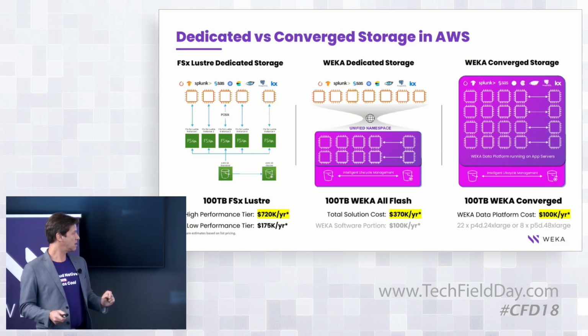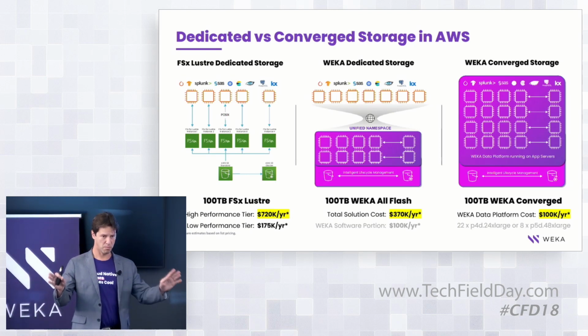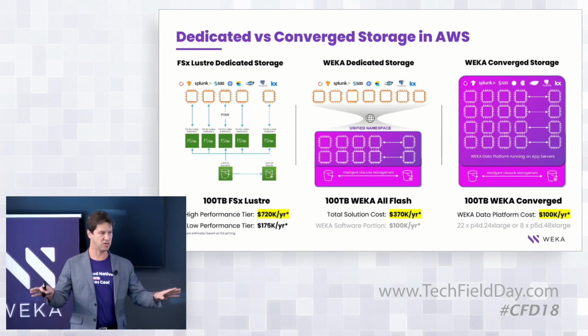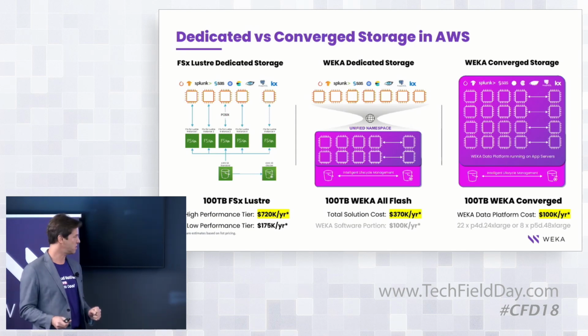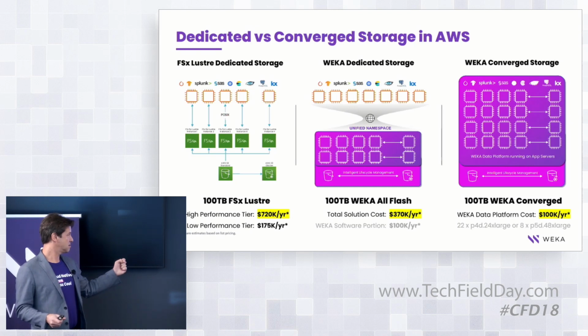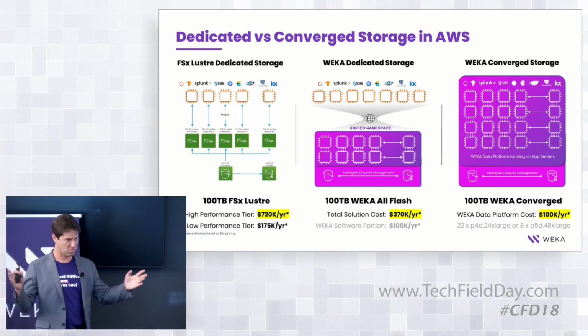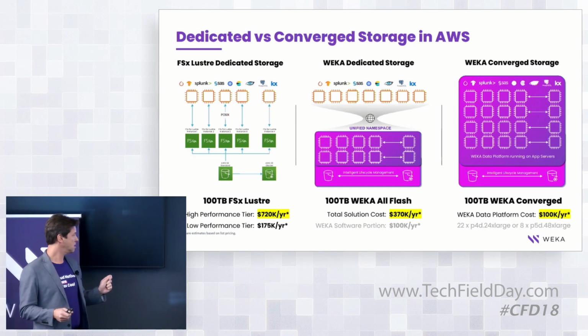The WEKA all-flash capacity is 100K, as we publish on AWS Marketplace. All those are published numbers. This gives you better performance than the lower tier, and is significantly cheaper. And we are talking only about 100 terabytes. Imagine this on petabyte scales, okay?